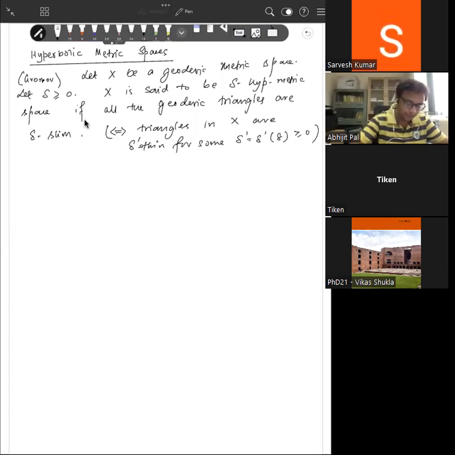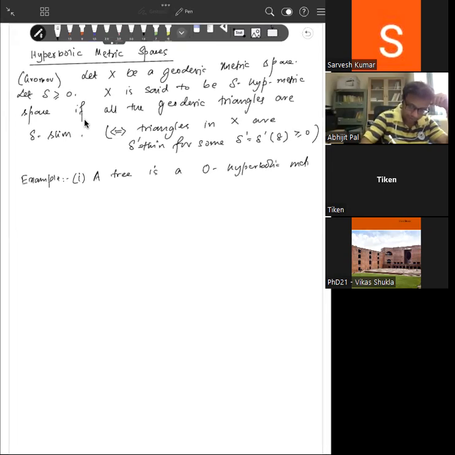All right. Okay. So the examples, this we have already seen. A tree is a zero hyperbolic metric space. Okay, this we have already seen.